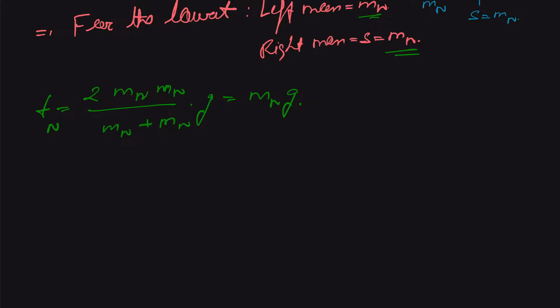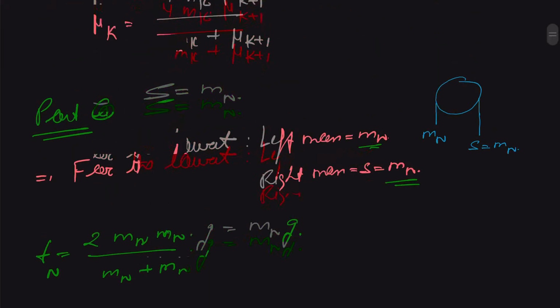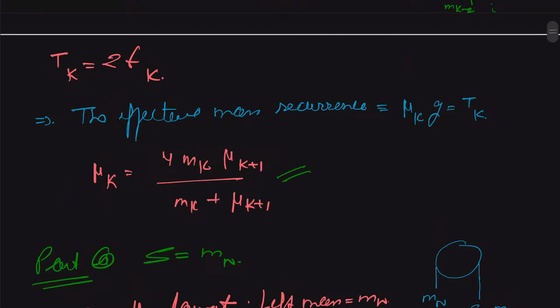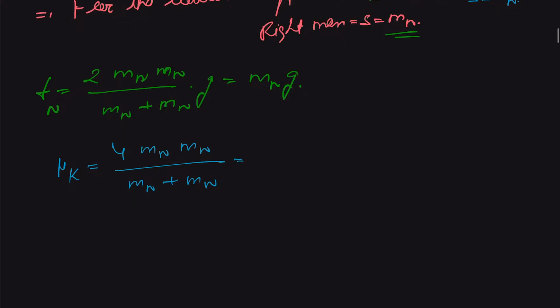And we can just generalize the entire equation. We know that mu of k we have already written, so you can say mu of k is equal to 4 times m of n multiplied by m of n, divided by m of n plus m of n, and this gives us square, and it will come as twice m of n.